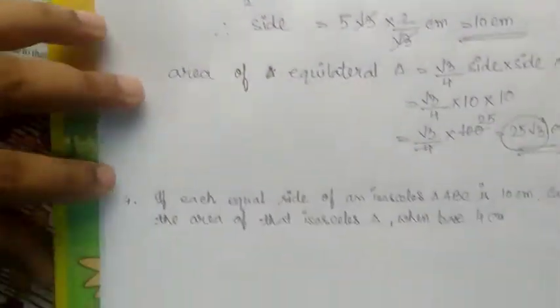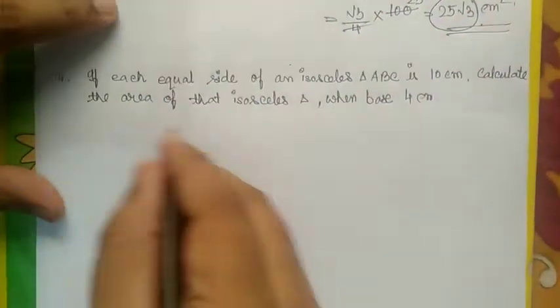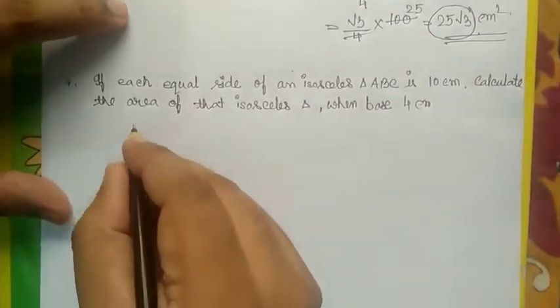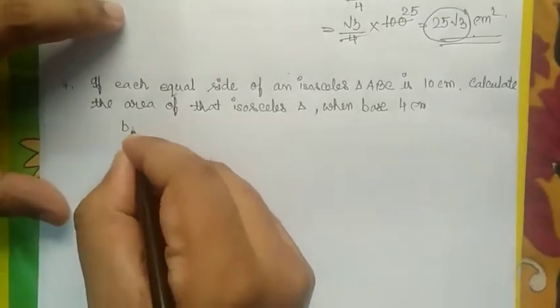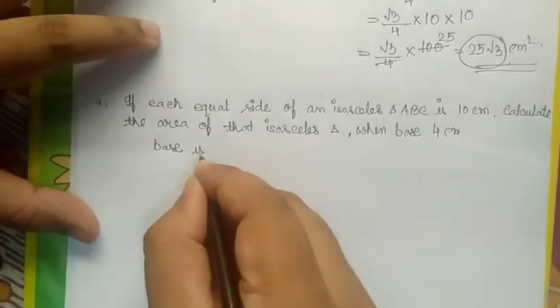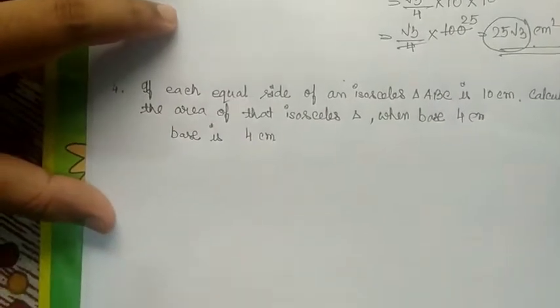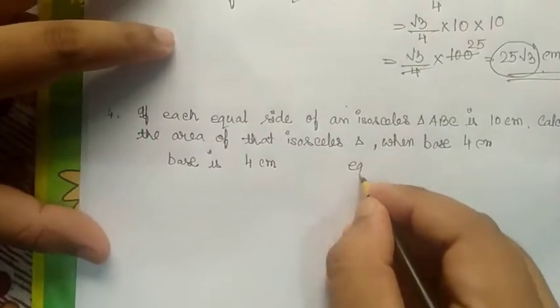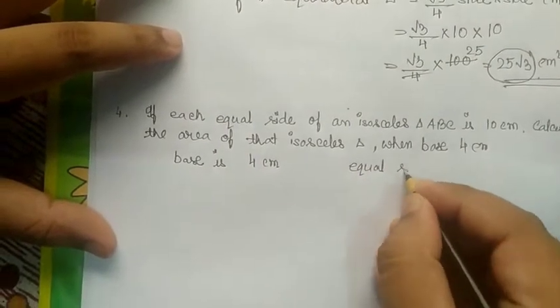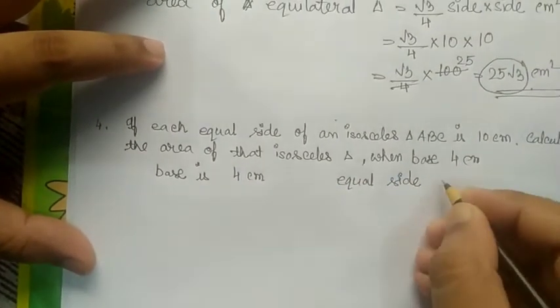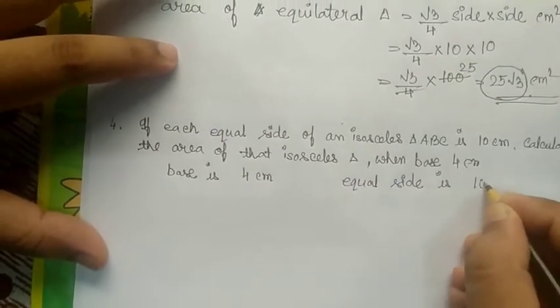So therefore, base is 4 centimeter and equal sides is 10 centimeter.